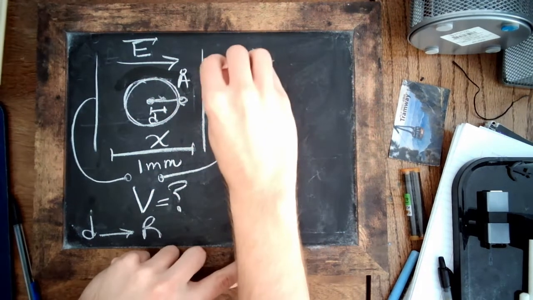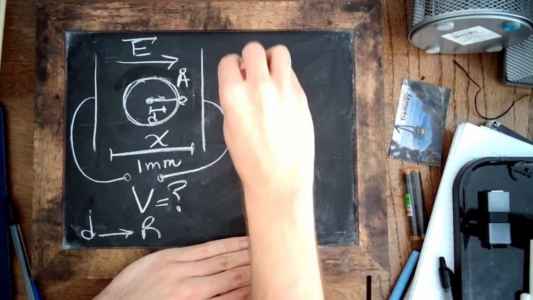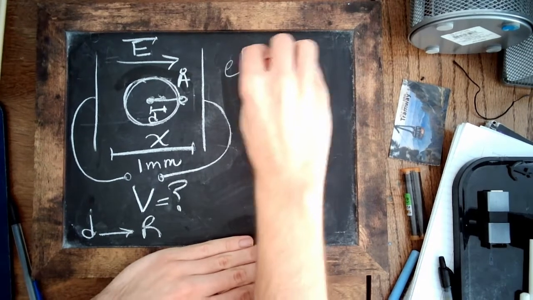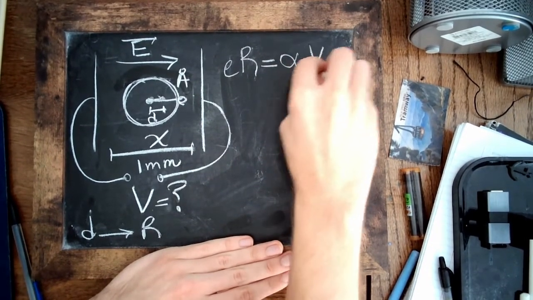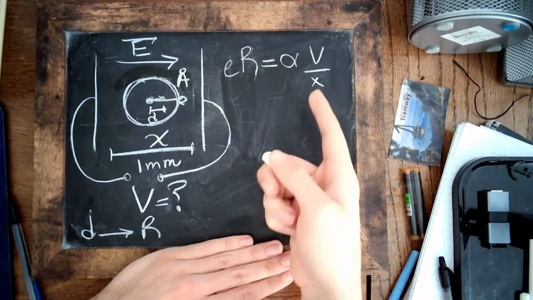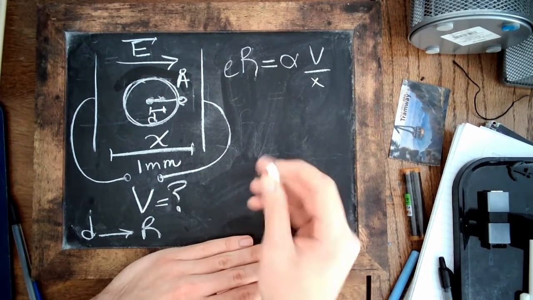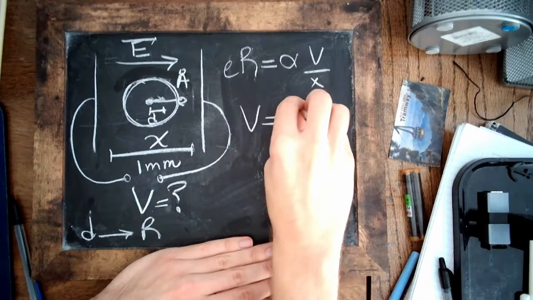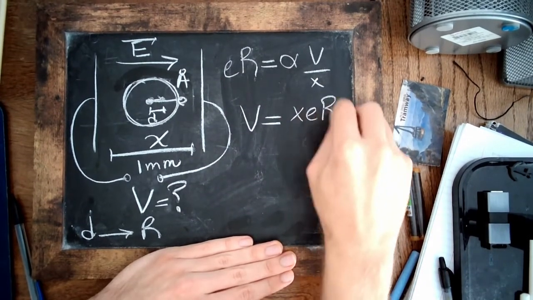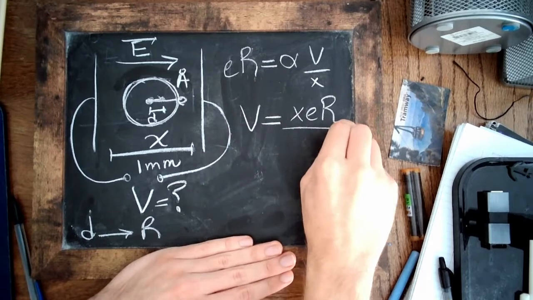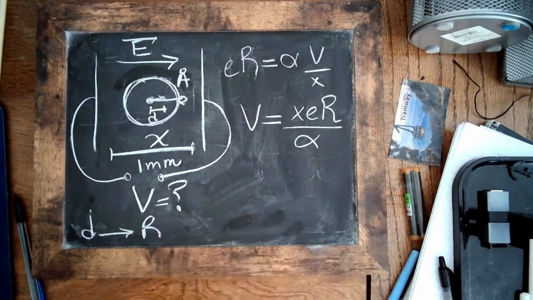Now if we return to our simple statement, charge times distance, now R is equal to alpha times the voltage over the separation distance. So this time solving for the voltage, it's equal to the separation distance times the charge times the atomic radius divided by the alpha.